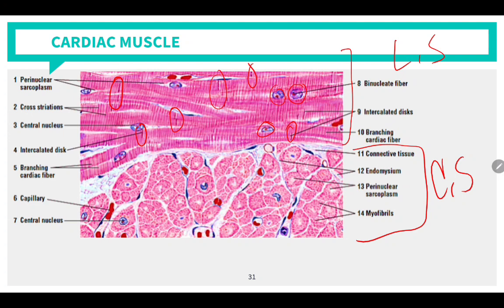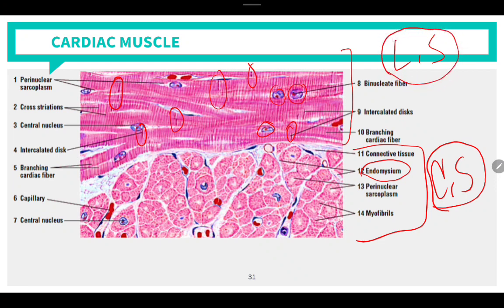Those are all the basic components para magkaroon tayo ng connective tissue ng muscle tissue. So, please remember that you can appreciate yung mga endomysium, perimysium, and epimysium in the cross section. You can appreciate yung mga striation na yan in the longitudinal section.